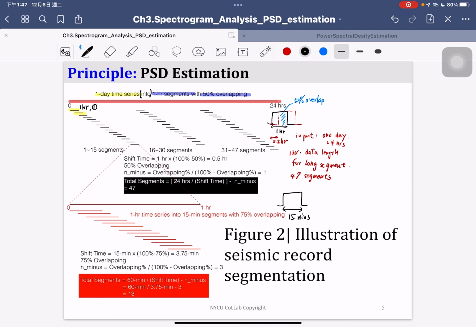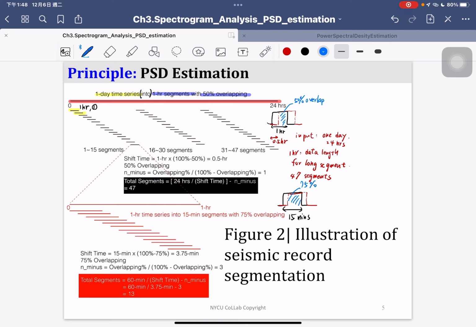Okay, and for the second window I allow 75% overlapping. So the overlapping area here is 75%.